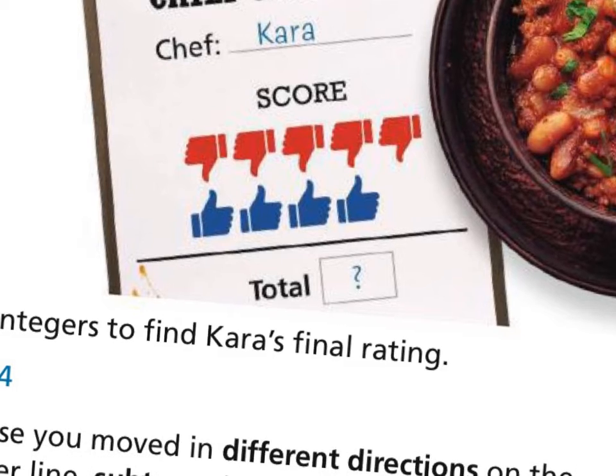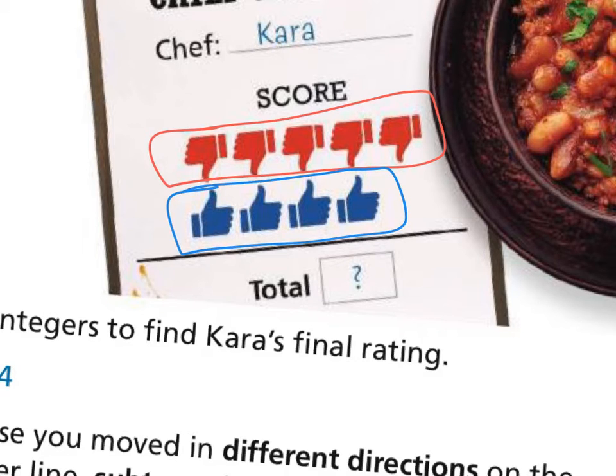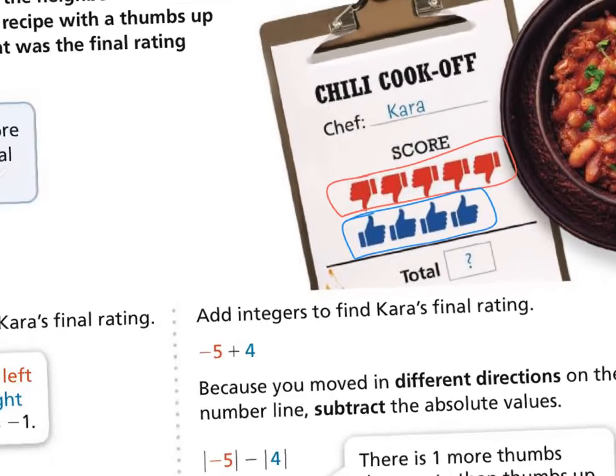So before we even work this out, if we can look at this, we can kind of see whether she's going to have a positive or negative total score. And we can see that she is going to have a negative score because she has more negatives than she does positives. And that's how this is going to work with adding integers. If we have more negatives than positives, our answer will be negative.